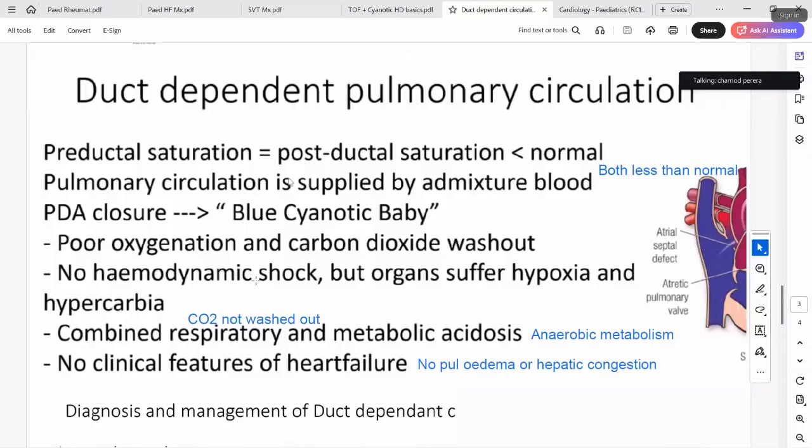But since the organs will be receiving blood, there won't be any hemodynamic shock, but the organs will suffer from hypoxia and hypercarbia, right? Because there is hypoxia, anyway they will get metabolic acidosis, and also there is carbon dioxide accumulation that is going to cause a respiratory acidosis and also a metabolic acidosis, right?